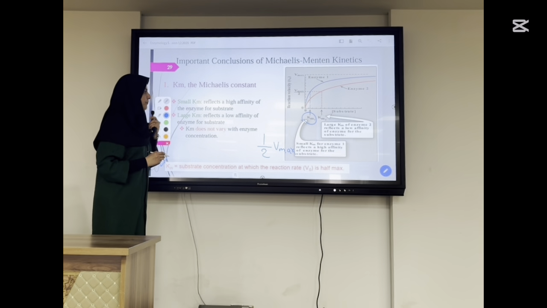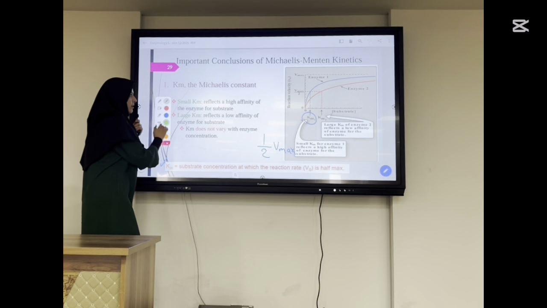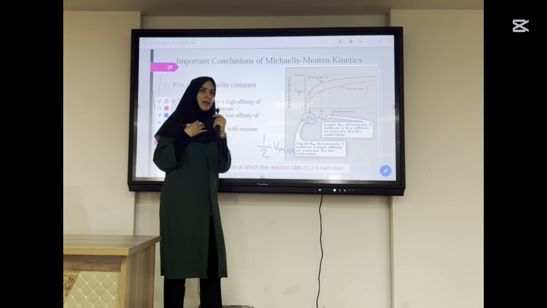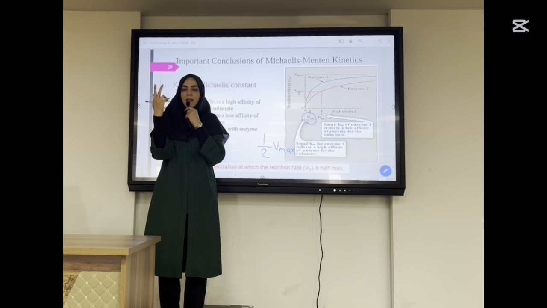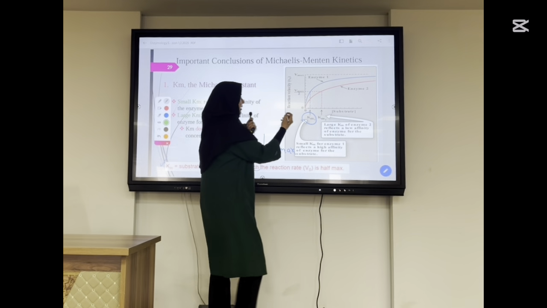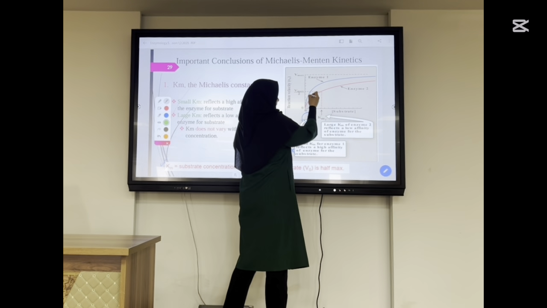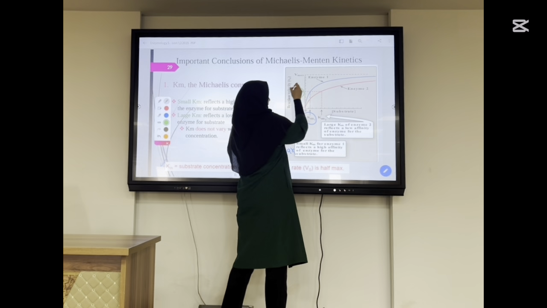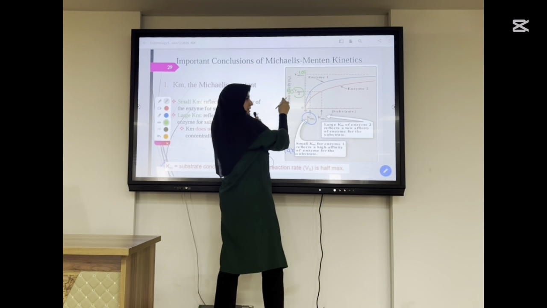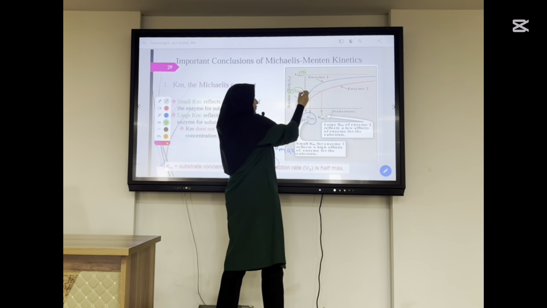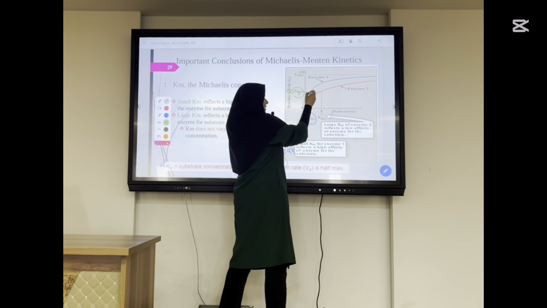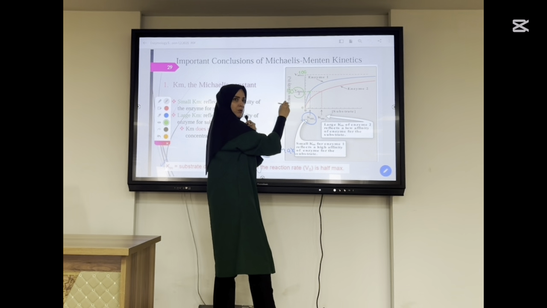What does it mean? For example, I have two enzymes, enzyme 1 and enzyme 2. For enzyme 1, I find the half Vmax, for example if Vmax is 100, at first I should find 50 and find the intercept. Intercept means in Farsi we say taqato.